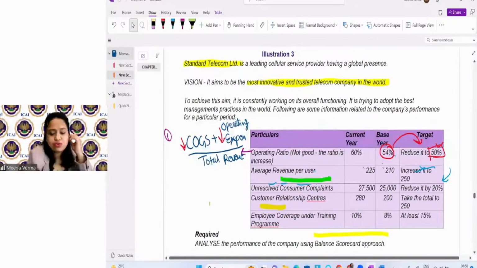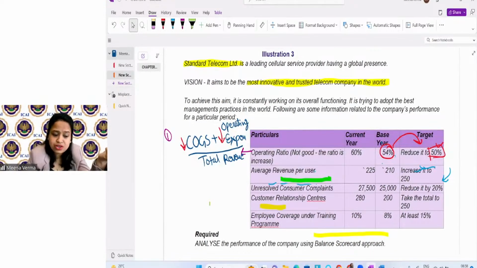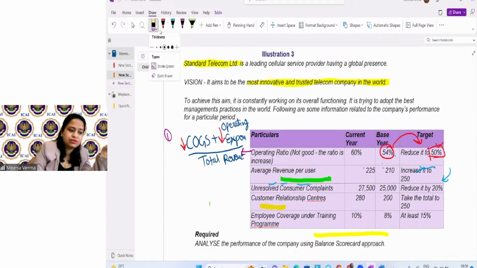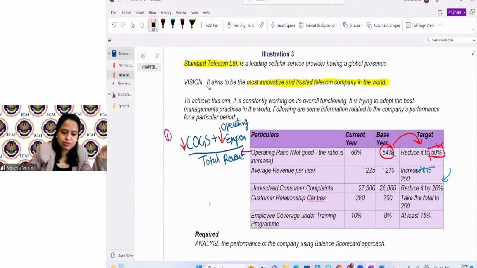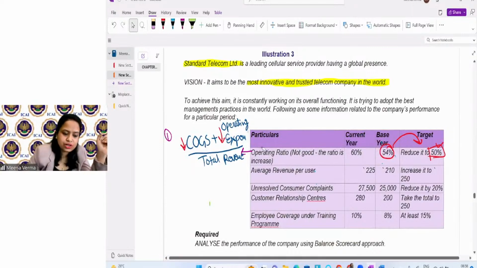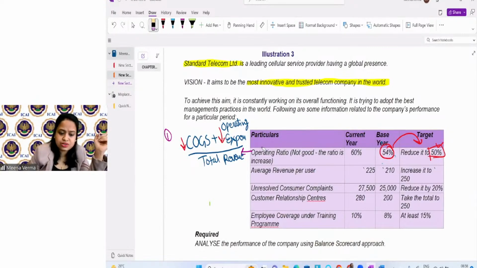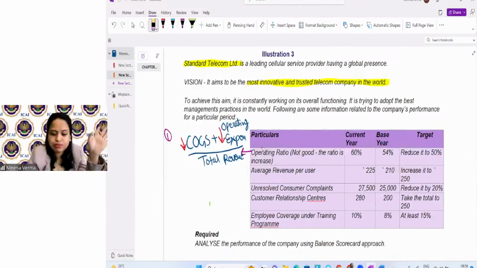So this is not good for the company. Simple. It's not good for the company. All right. The first situation is not good for the company.